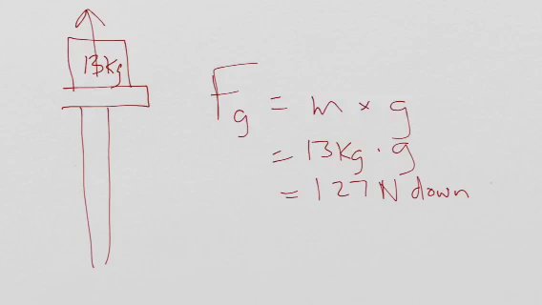But in reality, we know that the normal force is not acting downward, it's acting upward. So this ends up just being positive 127 newtons, or 127 newtons upwards.